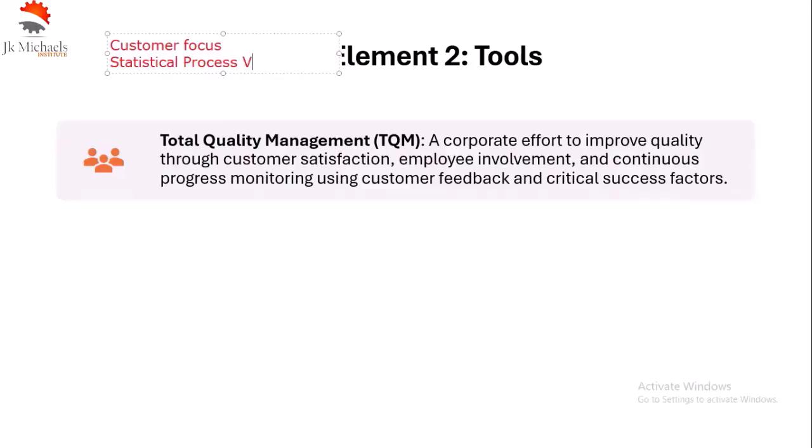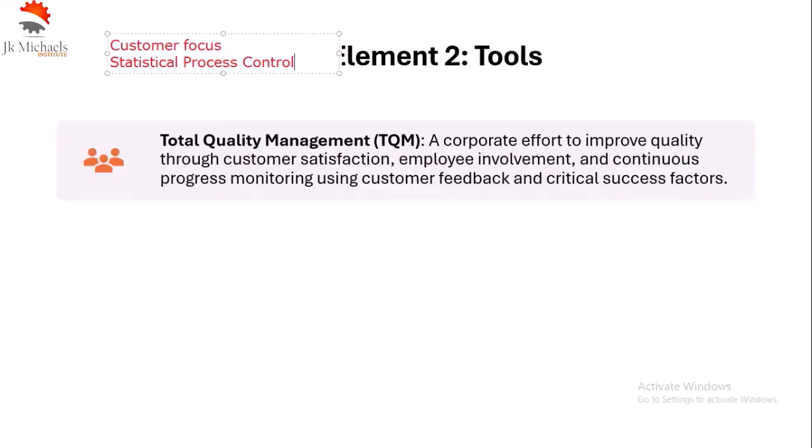Remember when we spoke about that SPC where we use data. So total quality management is evidence-based. We use statistical process control. We use data collection, data analysis, data interpretation, to be able to make decisions that improve the process.